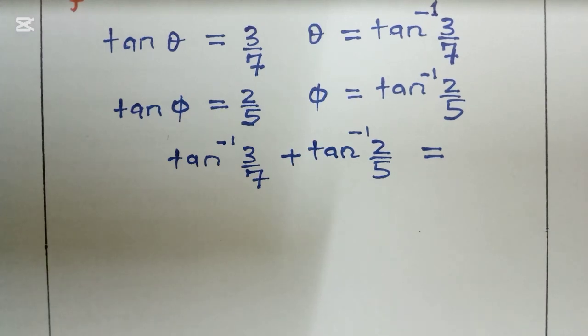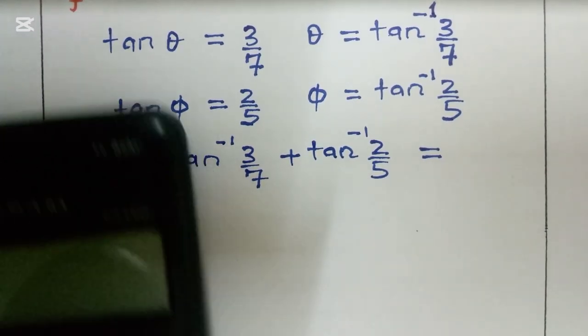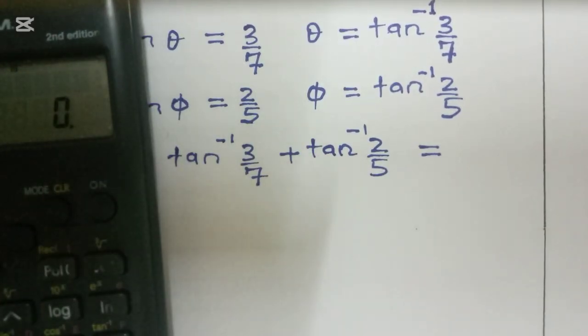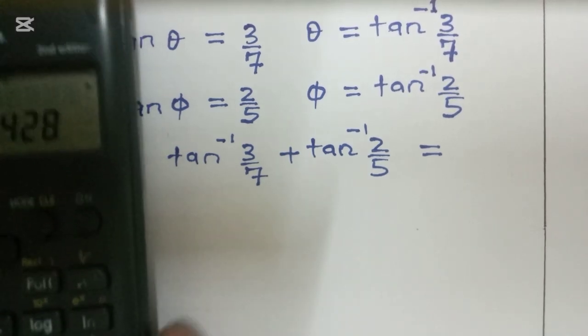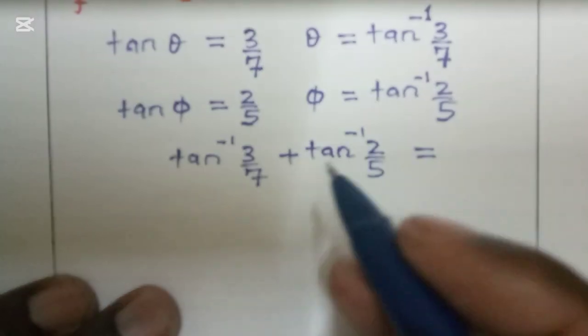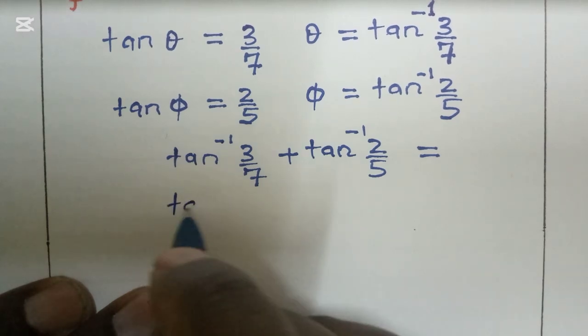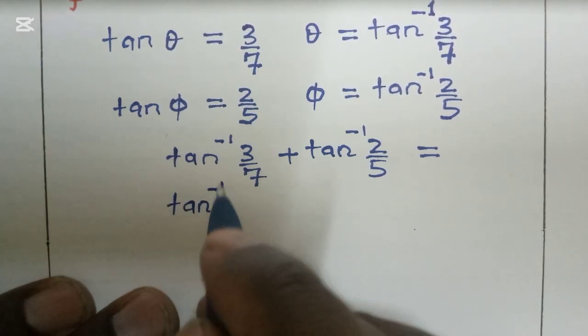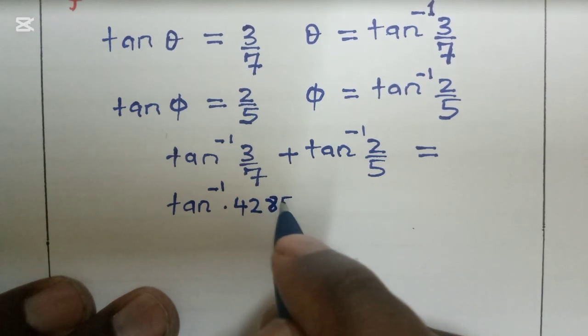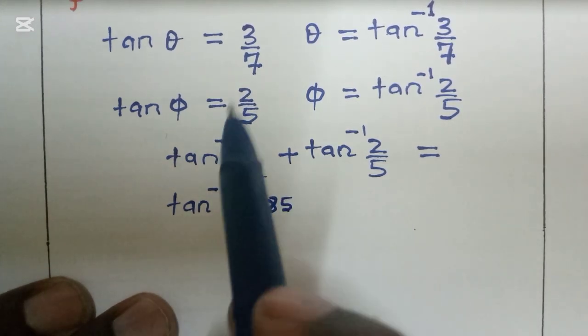According to the calculator, 3 divided by 7 gives us 0.4285. So we shall have tan inverse 0.4285. That is our first angle.